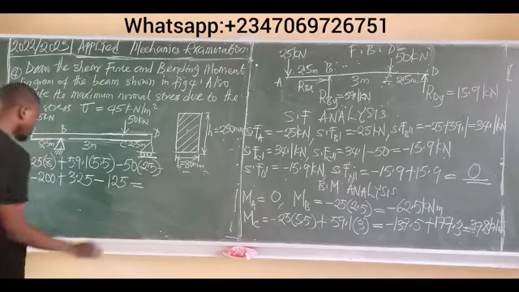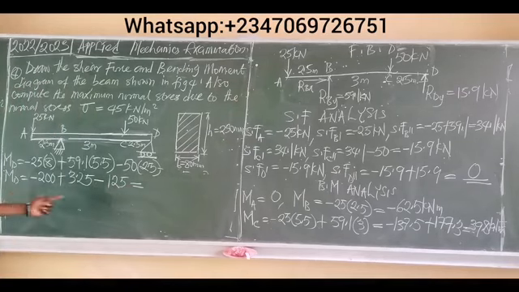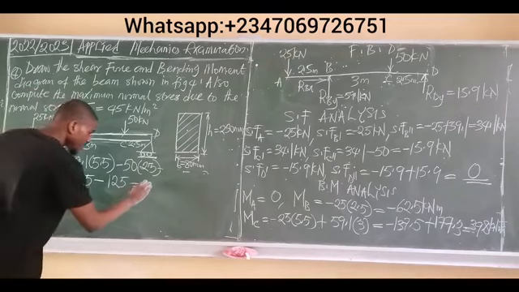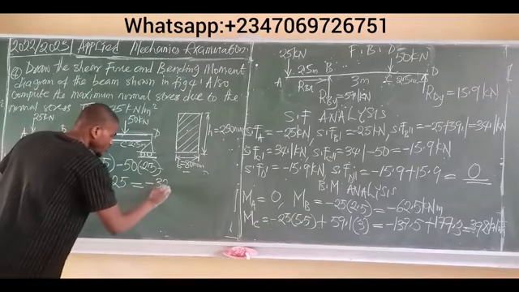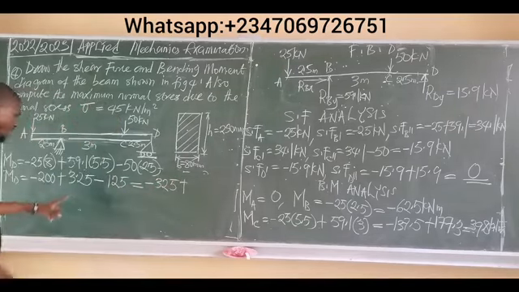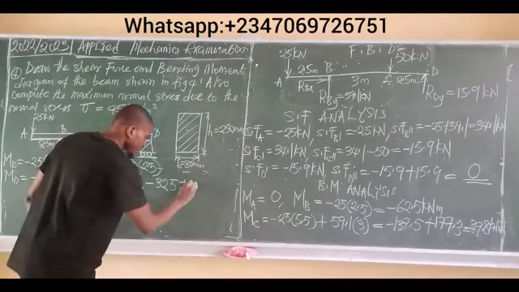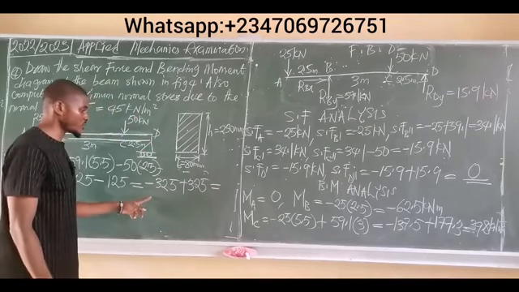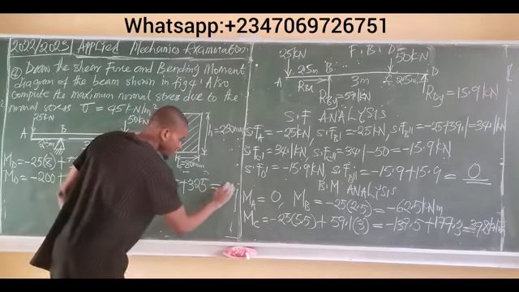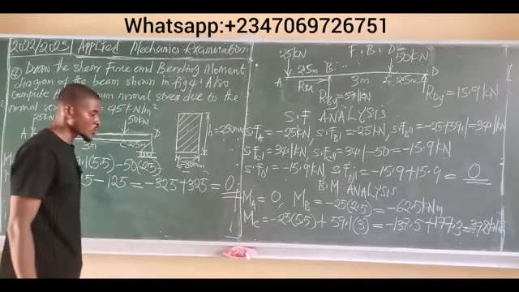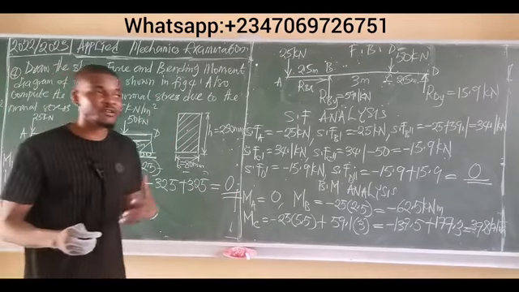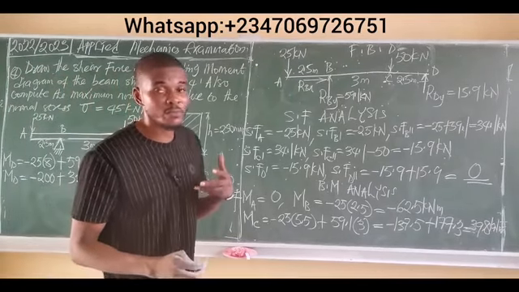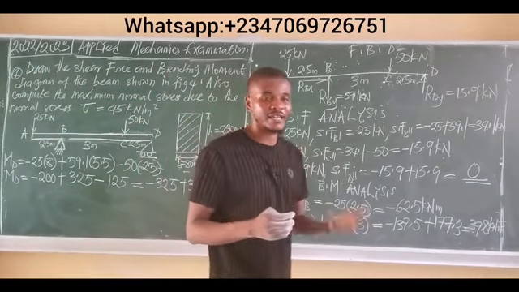Now this is equal to minus 200 minus 125 gives us minus 325, plus 325, and of course minus 325 plus 325 simply gives us 0. So once more, at the end of every bending moment analysis, you must always obtain 0 as the answer.